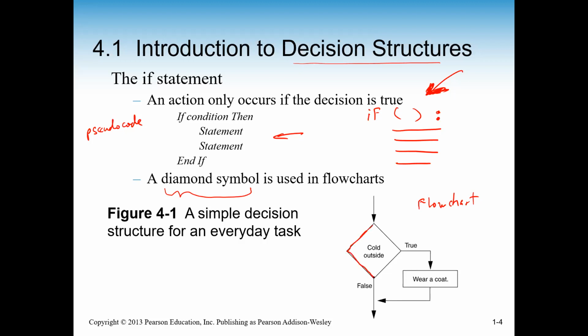So as you start solving problems, you will have to use these flowcharts, just like last week we learned about parallelograms, rectangles, and so on. Now you're going to be learning about this new symbol.